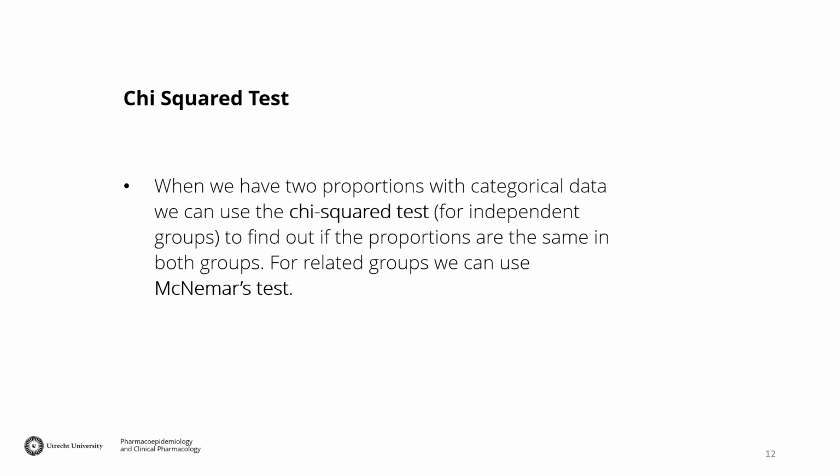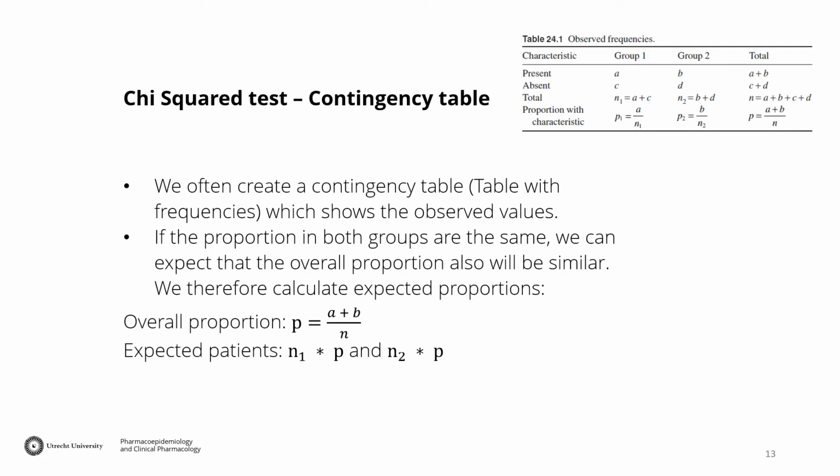Or it could be whether you are American or Canadian compared with whether you're right-handed or left-handed. For the chi-square test, we often create a contingency table, which is a table with frequencies that shows the observed values. Table 24.1 is an example of a table with observed frequencies, and what it should contain.